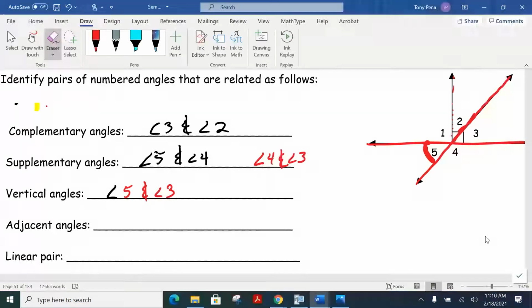Clean this up. Eraser doesn't work. Can't get my eraser to work.